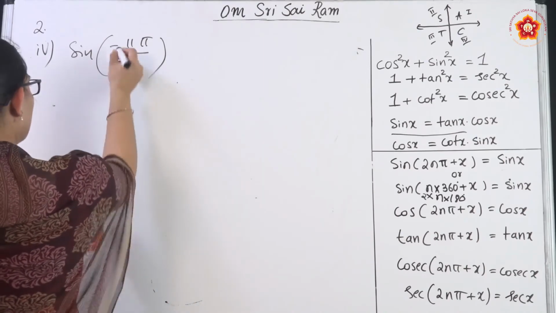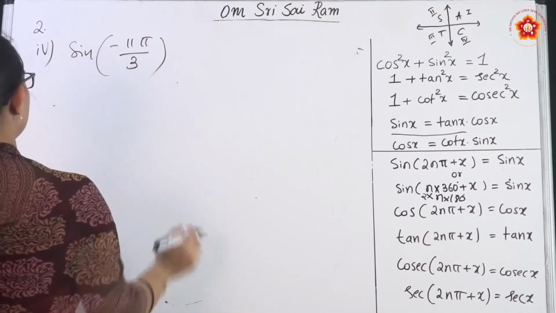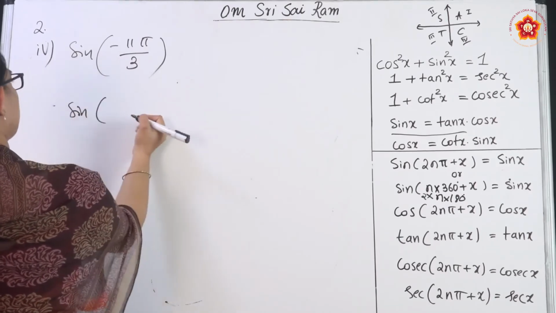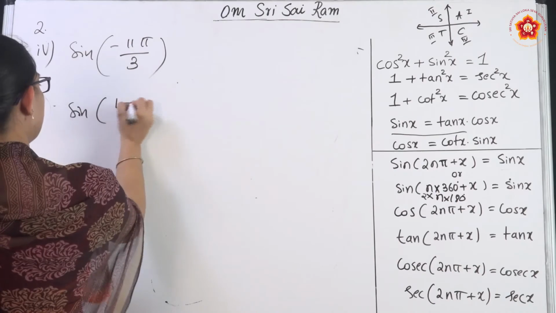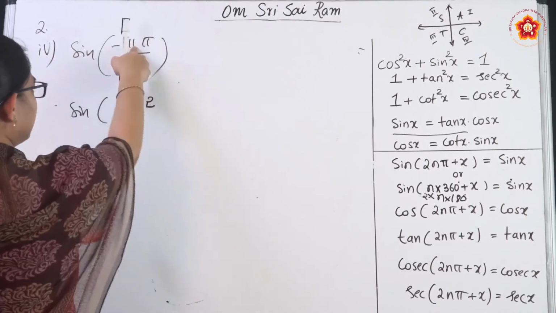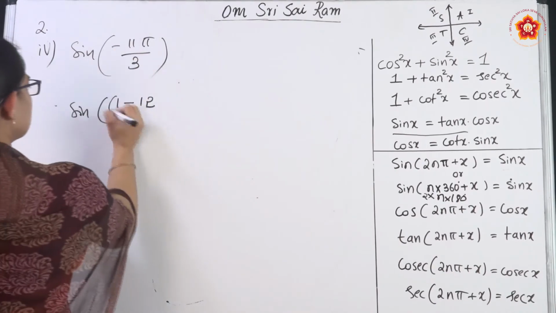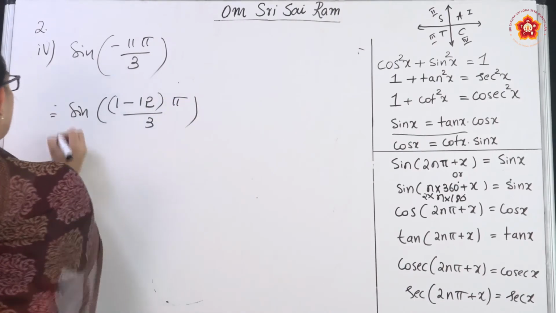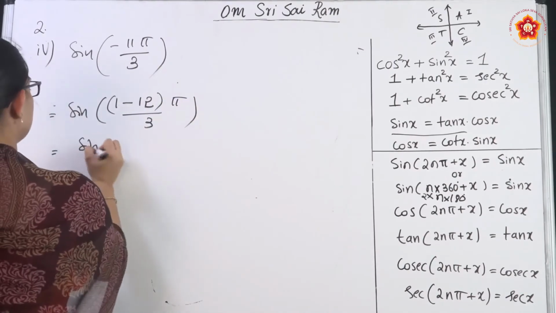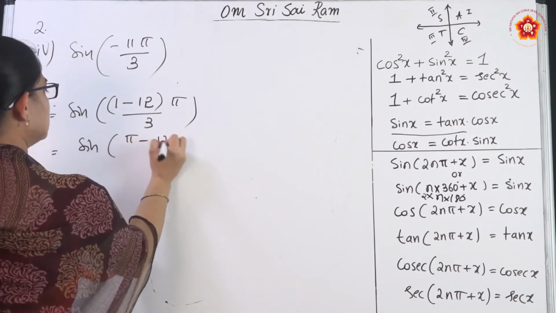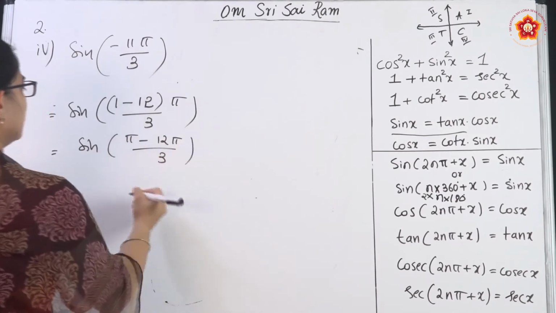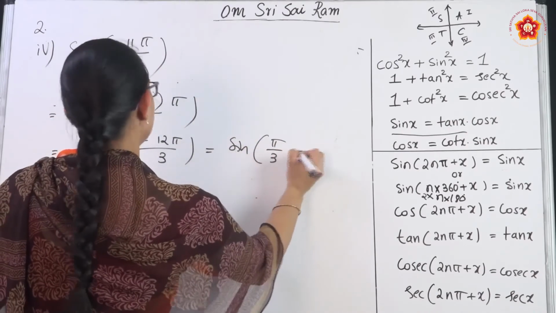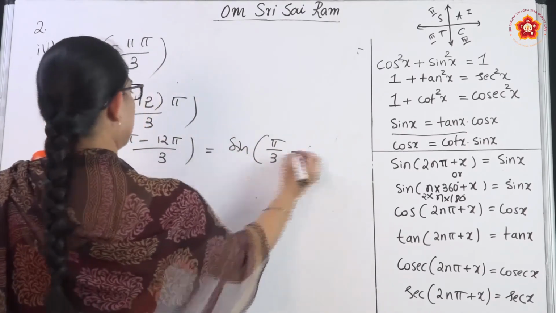So how can we write minus 11 in terms of 12? 1 minus 12 is nothing but minus 11, right? So 1 minus 12, times pi by 3, or that is sine of pi by 3 minus 12 pi by 3.